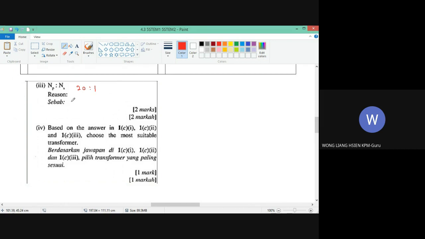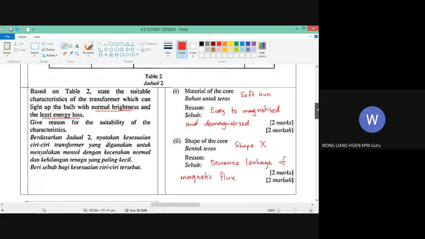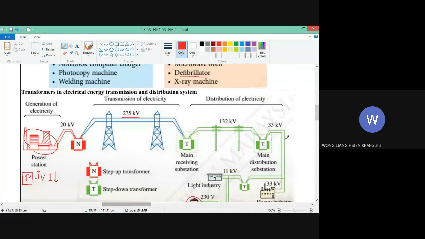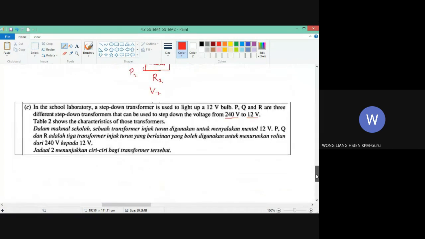One of the reasons that you can say is, I think the best is to produce an output voltage of 12 volt. Okay, 12 volt.